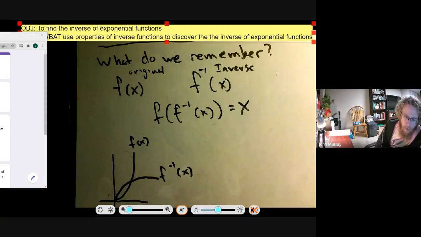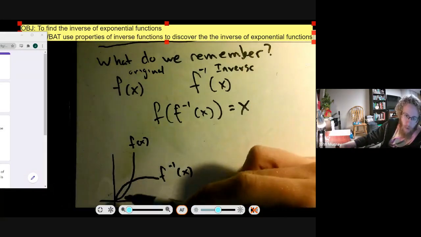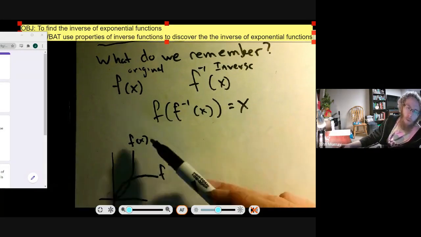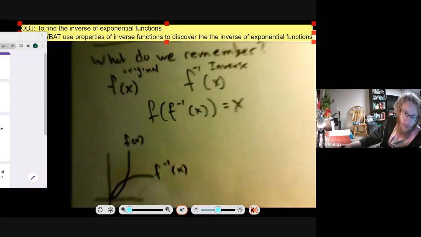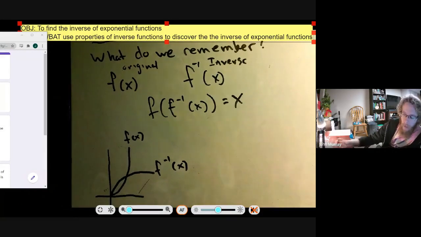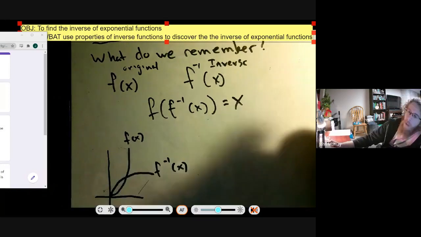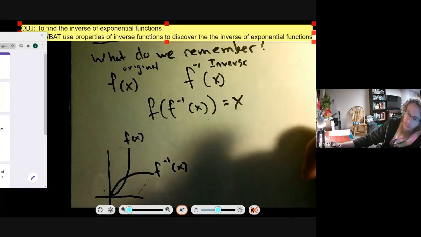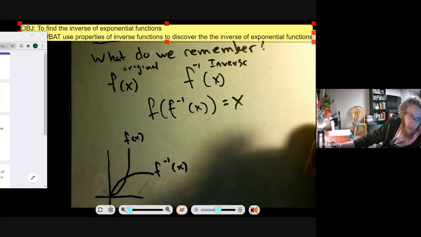All right, so there we have our original function and we have its inverse. What do we remember about these two graphs? What happens? How can I get one from the other? There's two things I'm looking for here. I know it's been a while.